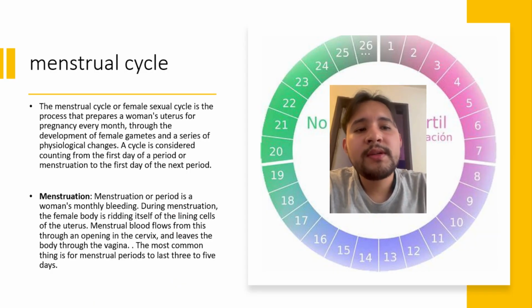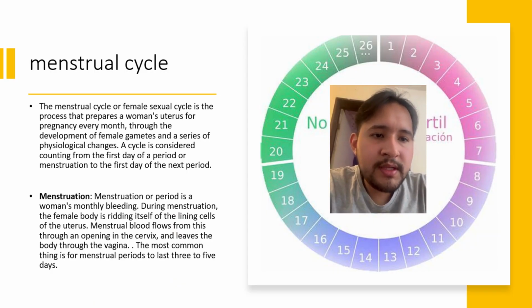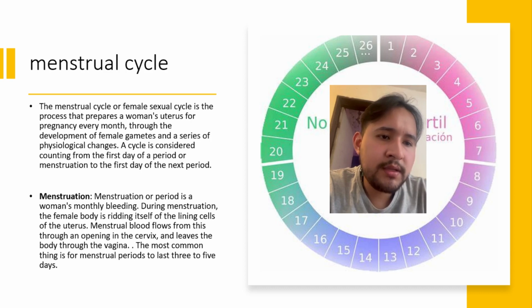Menstrual cycle, or the female sexual cycle, is the process that prepares a woman's uterus for pregnancy every month through the development of female gametes and a series of physiological changes. A cycle is counted from the first day of a period, or menstruation, to the first day of the next period.